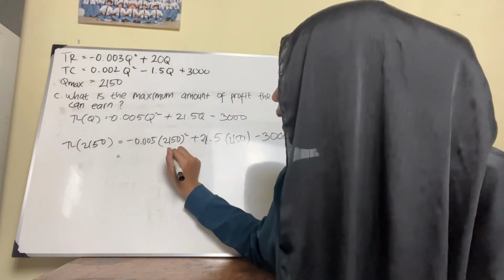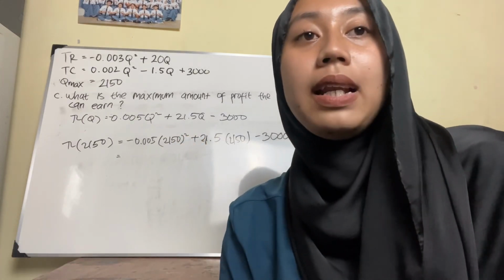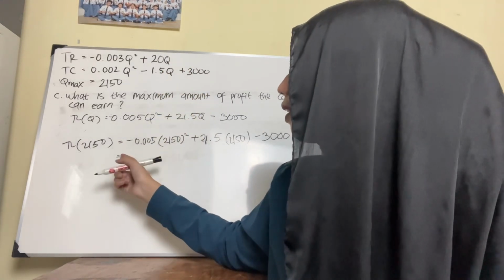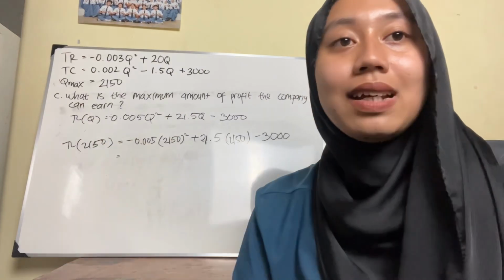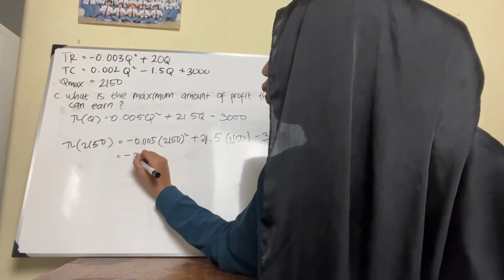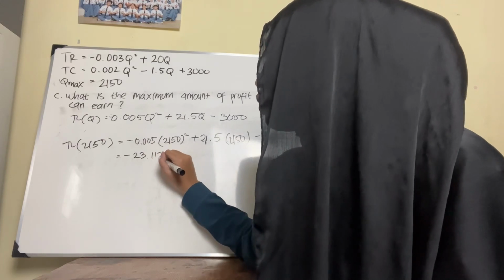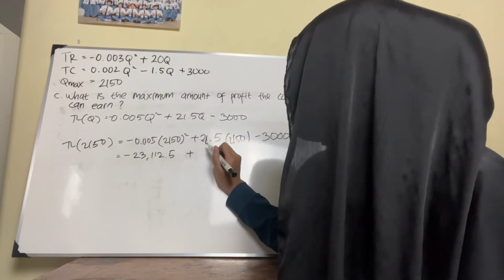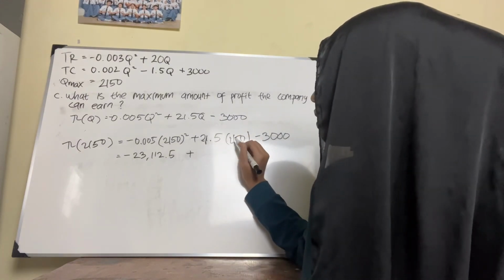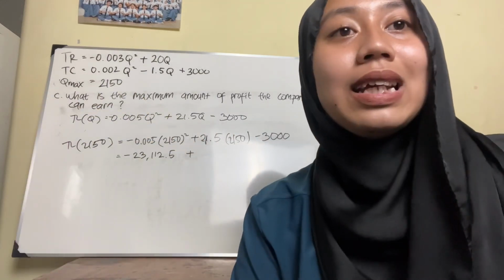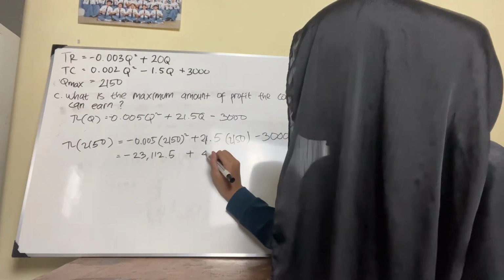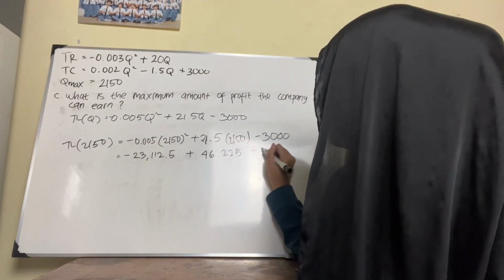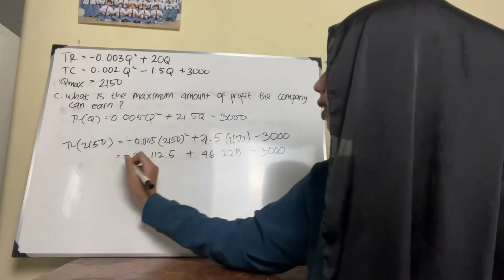So 2,150 squared is 4,622,500, times minus 0.005 is minus 23,112.5. Then 21.5 times 2,150 is 46,225, minus 3,000.